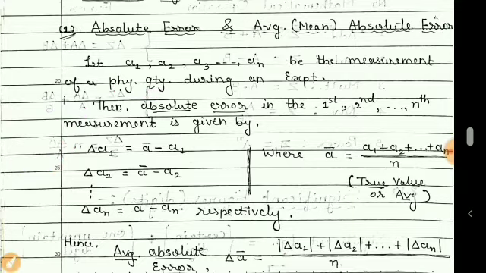So what will we do? We will measure this length several times, because if we measure the length only one time, then we cannot estimate the error. If we measure the same length many times, then the chance of error will be less.